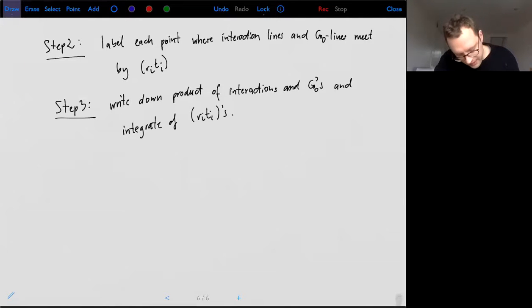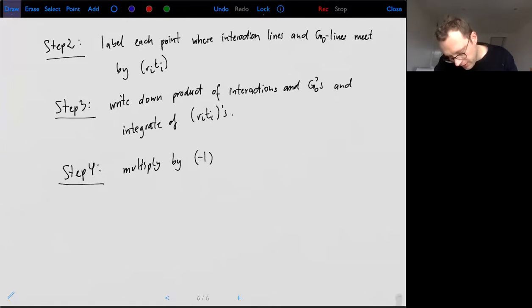And then the final step is to multiply the expression, potentially with a minus sign. So we need to multiply by -1 to the f, with f being the number of closed G0 loops.